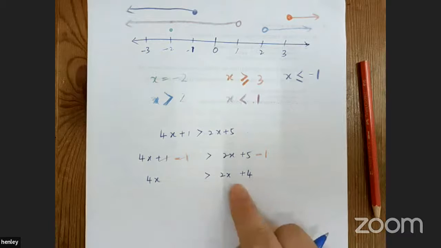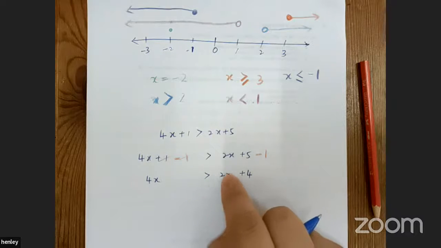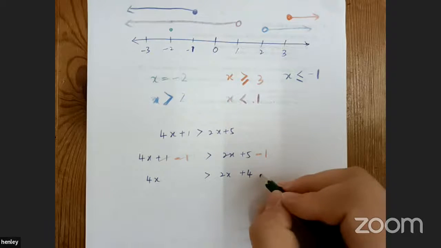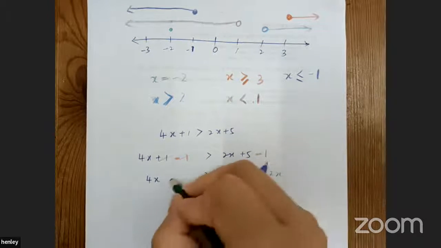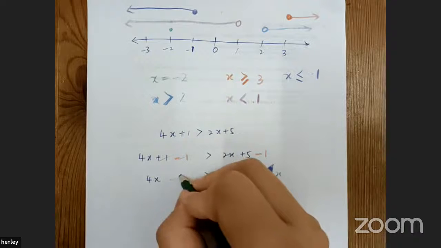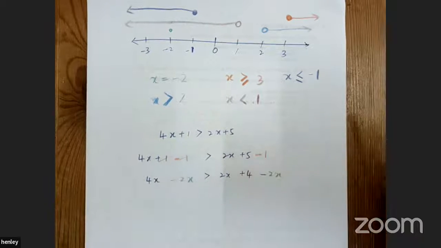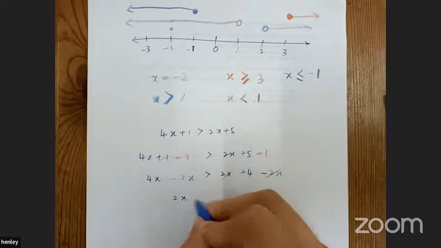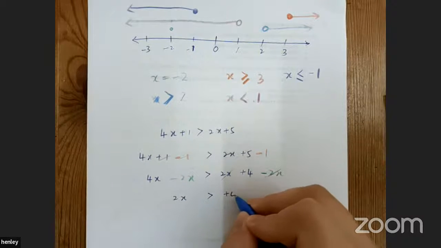So now I want to eliminate this small one. So I can minus 2x. What I do on my right, I do on my left. So this one no more. So I have 2x equal 4.